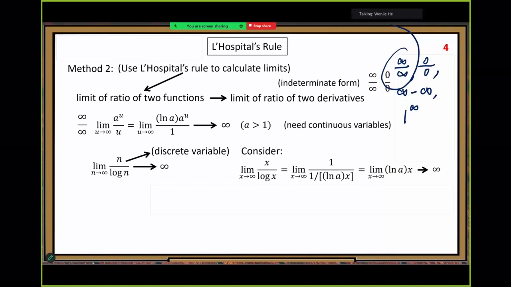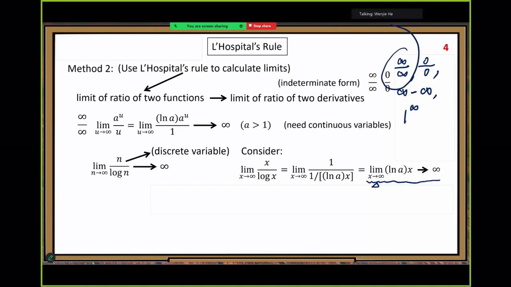When we say the limit is infinite, when you look at x goes to infinity, did we say in which way x goes to infinity? Because there are millions of ways x can go to infinity.